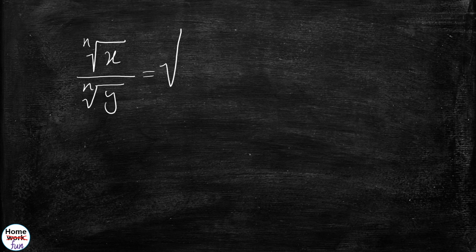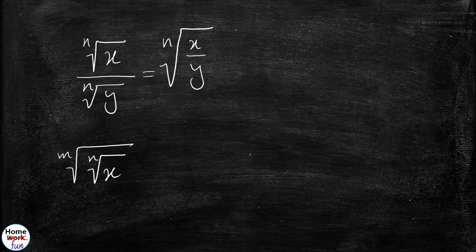What if you have some roots divided by each other? For example, nth root of x over nth root of y. You can first of all write that as one root, nth root of x over y, and then calculate it. What if you had multiple roots on top of each other? For example, here you have x, you take nth root here, and then on top of that you have m root here.